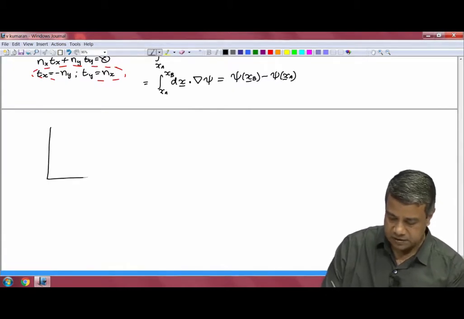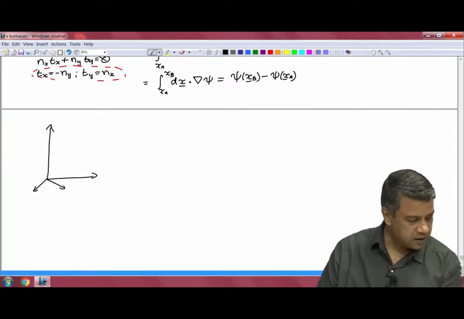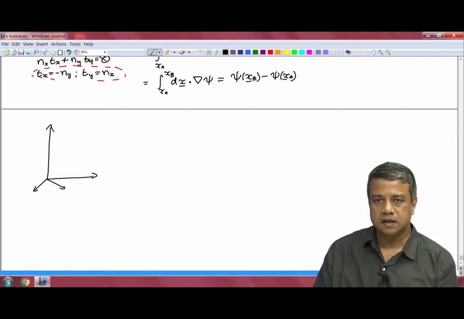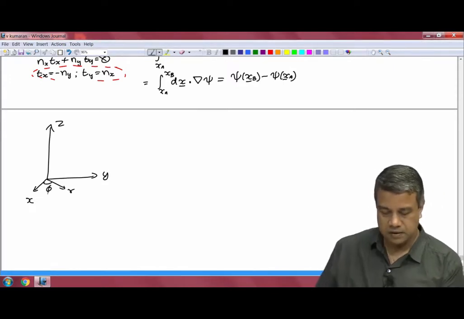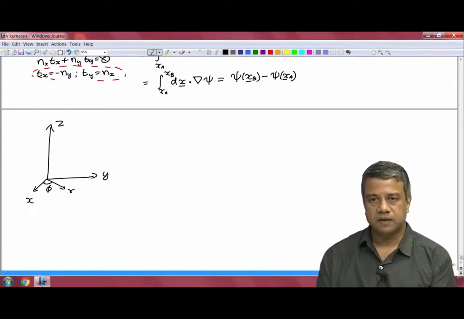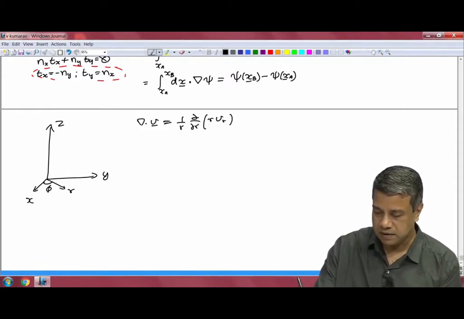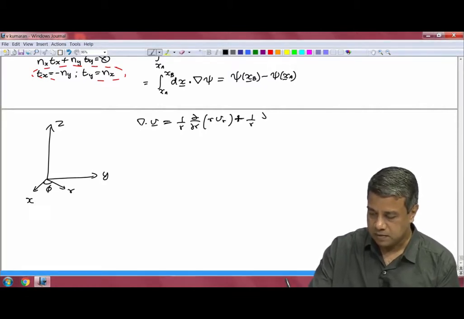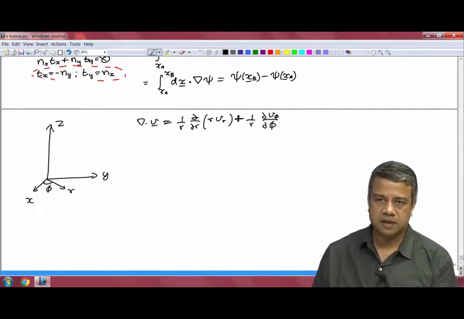So, if I have a cylindrical coordinate system which does not vary in the z direction, described by r and phi, a polar coordinate system, we had found that the divergence of the velocity, del dot v, is equal to 1 by r d by dr of r v r plus 1 by r partial v phi by partial phi, for a two dimensional flow which has only components in the r and the phi directions.